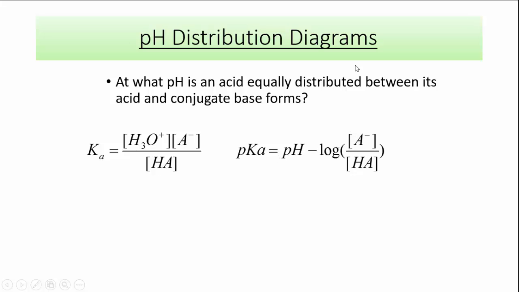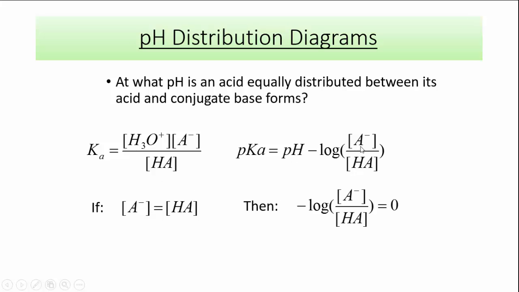We can explicitly see, in this form, that the log term on the right has the concentration of deprotonated over the concentration of protonated, as a ratio. So at that crossover point, those concentrations must be equal. That ratio is equal to 1. The log of 1 is equal to 0. So at that crossover point, that log term disappears. Now this is not just in general. We're talking specifically at one point. And at that point, the crossover point, the pH must be equal to the pKa of the acid.